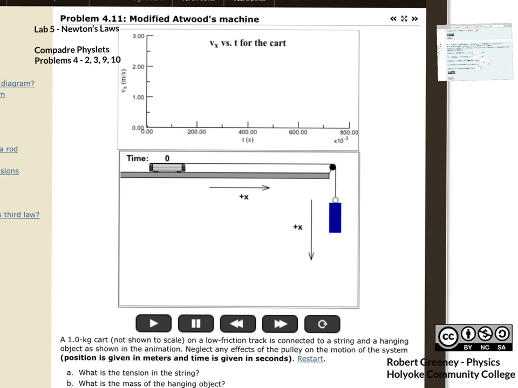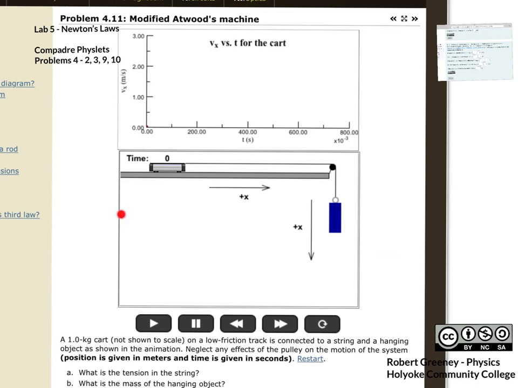So here's your free body diagram. There were 2 forces, the tension force acting in this direction, the gravity force down, which is equal to mg, where m is the mass of the hanging mass. And remember, those 2 forces are not equal and opposite.